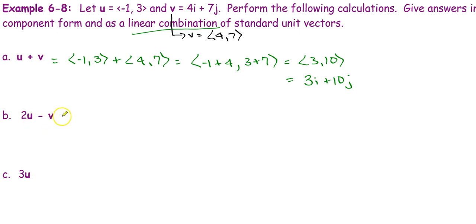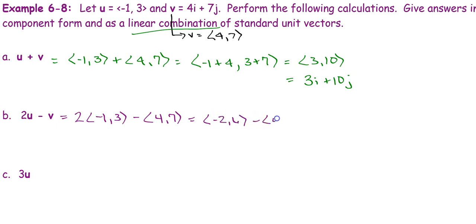In B, we're going to do 2 times u minus v. So we're going to go 2 times the vector u minus the vector v. Again, I'm using the vector v in its component form. So follow order of operations just like you would with real numbers. So multiply and divide before add and subtract. So we're going to do this scalar multiplication first. So this is going to give me negative 2, 6.